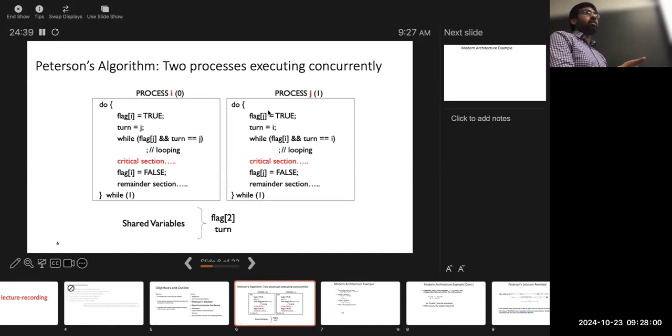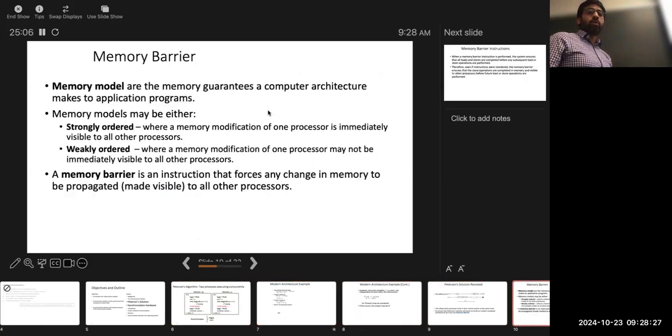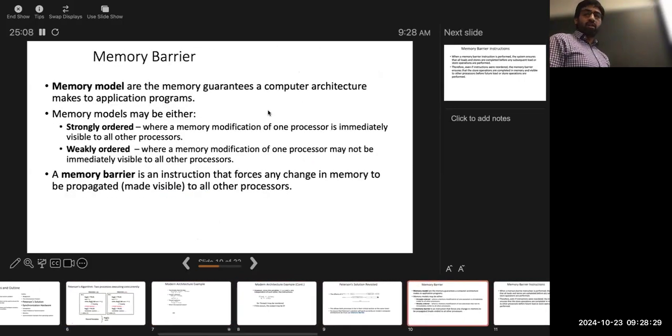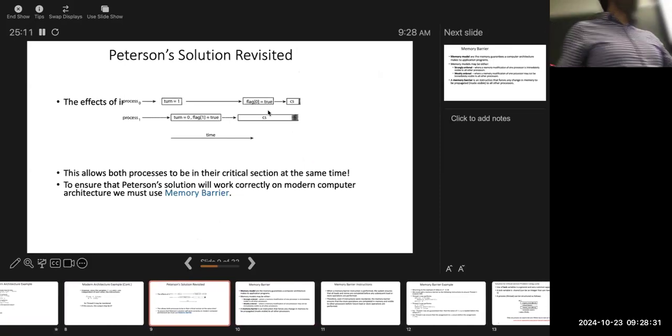The reason is that our instructions are not executed in the same order as specified by the programmer. The programmer wants flag 0 to be set equal to true first and then turn set equal to j, but our compiler is reordering them. Now, if we have a mechanism to say, don't reorder them, then we can avoid the problem, right? And there is a mechanism which is known as memory barrier. I will first explain and then I can read the slide.